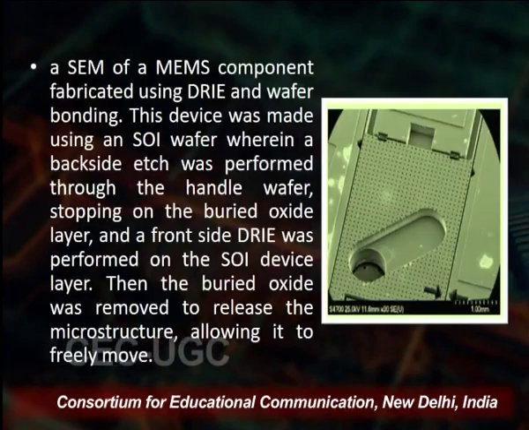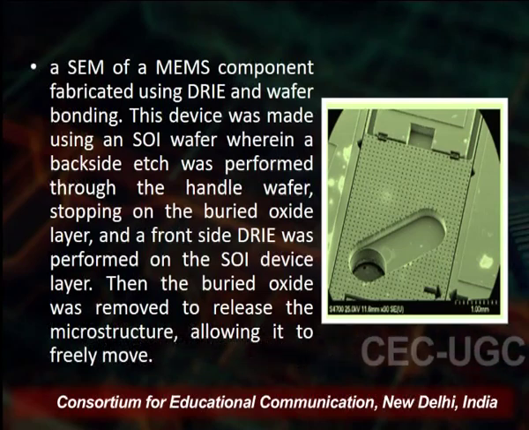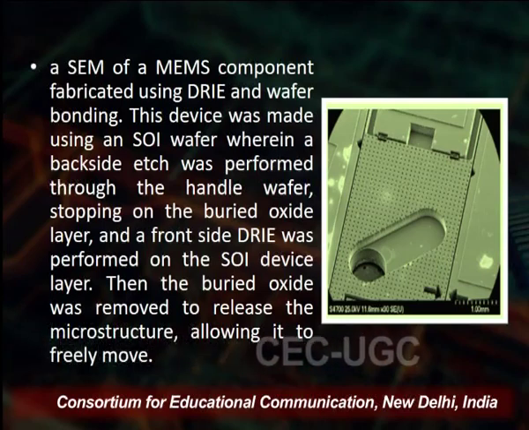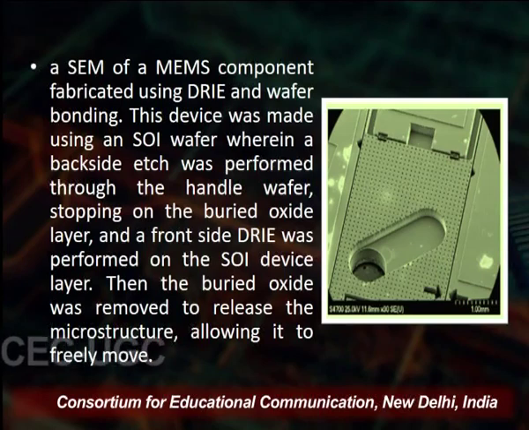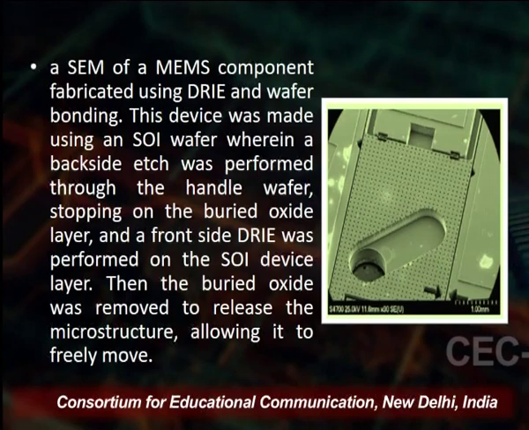You see on the right hand side we have the SEM image of the DRIE method. This is an SEM of a MEMS component fabricated using DRIE and wafer bonding, and this device was made using an SOI wafer, wherein the backside etch was performed through the handle wafer.